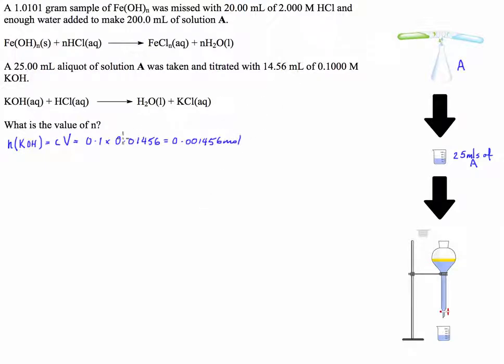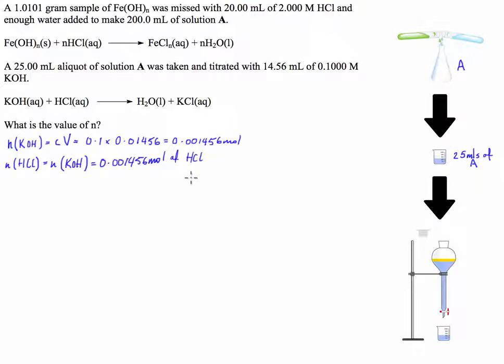Cool. Now, from our equation here, we can see that the number of moles of hydrochloric acid is in the same ratio, the same quantity, as the number of moles of potassium hydroxide required. So we can write that down. Cool.